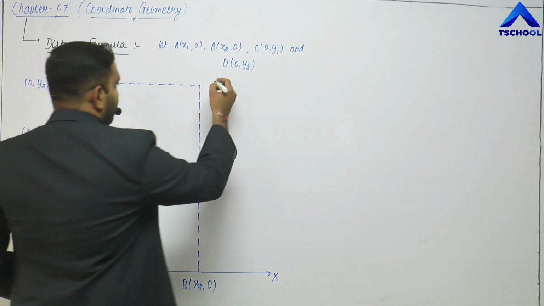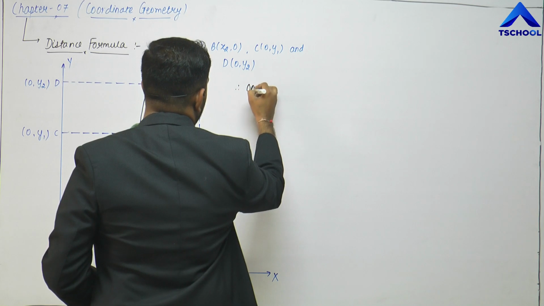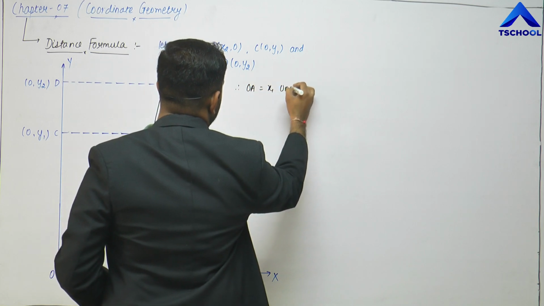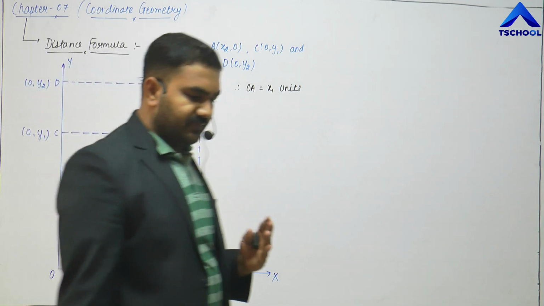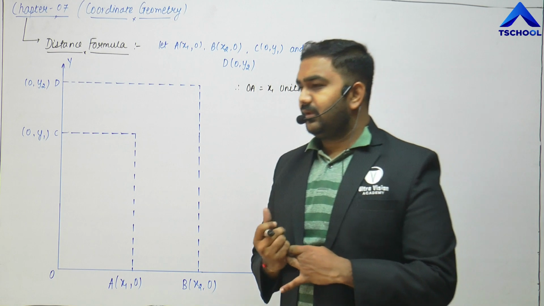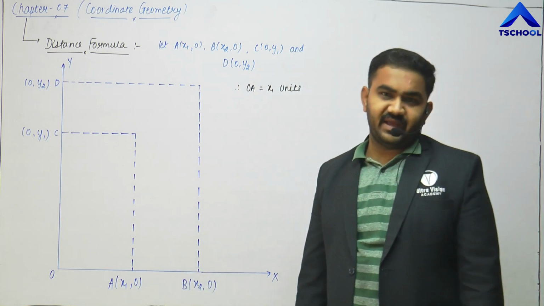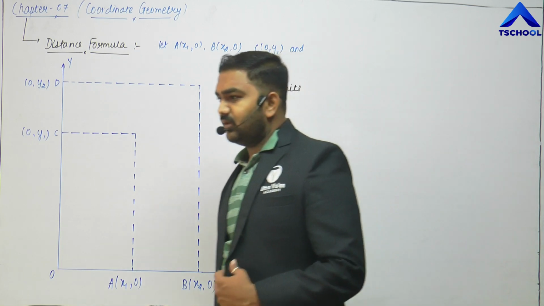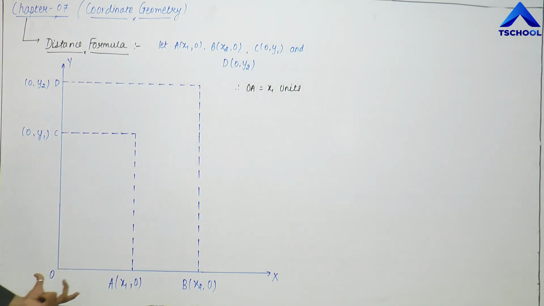Therefore, we can write OA is equal to x1 units, right? Because see friends, if I say, what is the x coordinate here, x1, what is x1 equal to? The perpendicular distance of the point from the y-axis measured along the x-axis. So the perpendicular distance OA here is x1 units, yes or no?